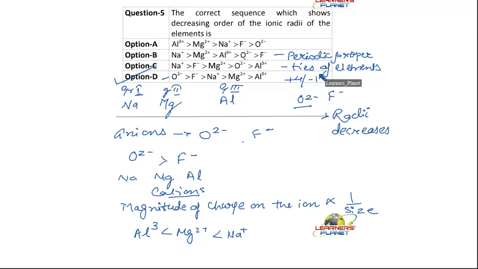Electronegativity increases. When you move from top to bottom in the periodic table in a group, what happens? The size increases, the electropositivity also increases, and there is also one more factor, that is inert pair effect. So these are, students, some basic things which you should know, right?